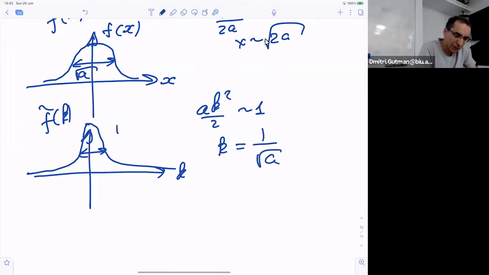So this time the width of this Gaussian is 1 over the width of the original Gaussian, as you said at the beginning. Okay, but now we saw it explicitly. So this was more or less the definition of Fourier transform and a few basic examples of how we compute it.